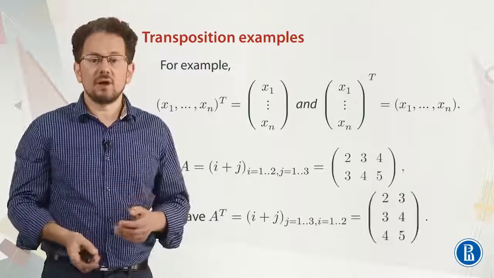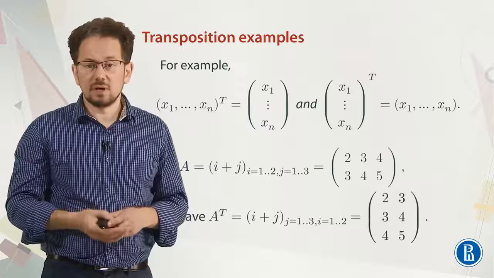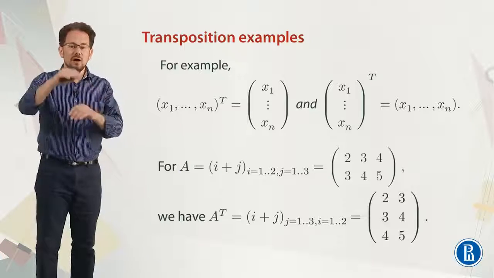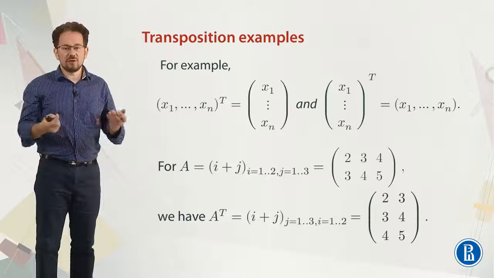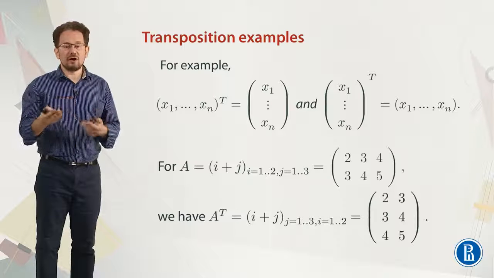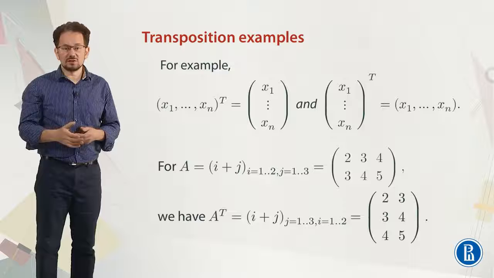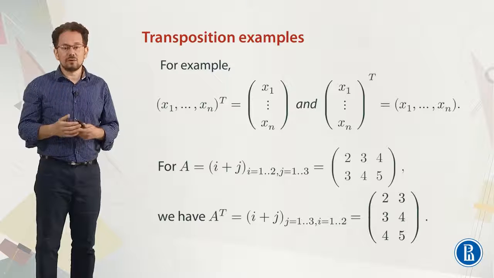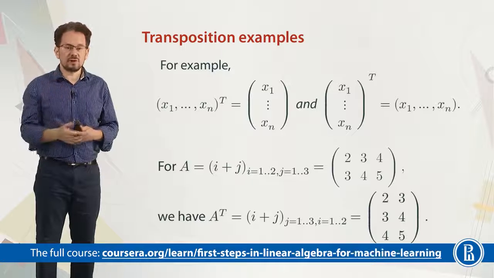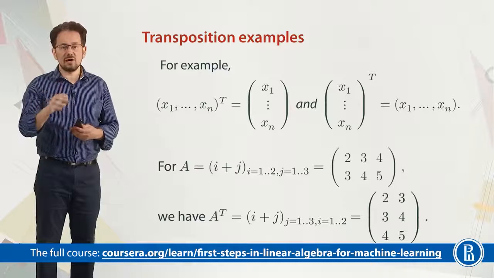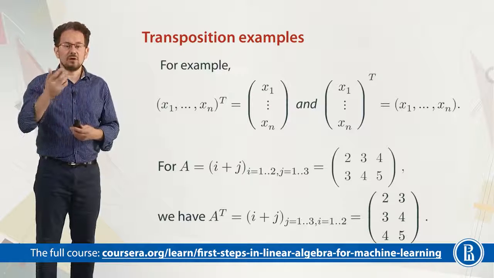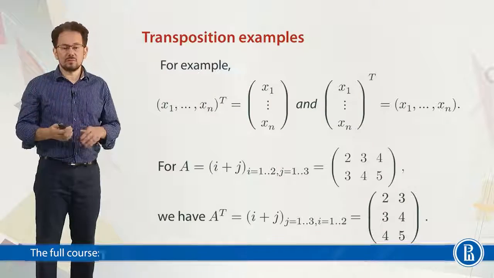Then we get the following matrix: from the long matrix we get a tall matrix. From 2 by 3 we get a matrix of 3 by 2 with the same elements rearranged. The first column was 2, 3, so the first row of the transpose matrix will be 2, 3, etc. Each column became a row, and vice versa.